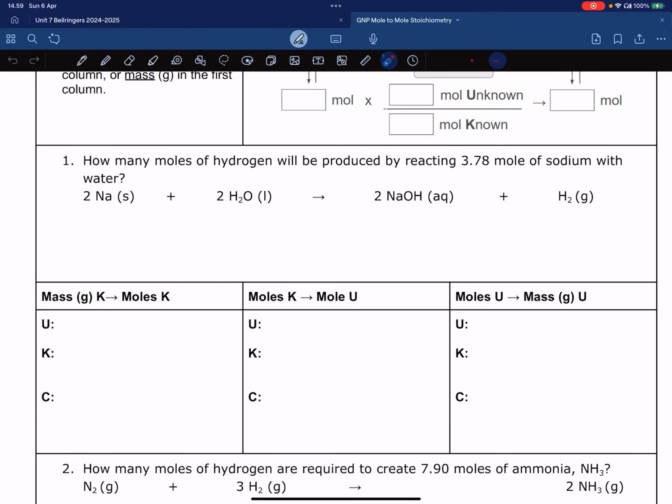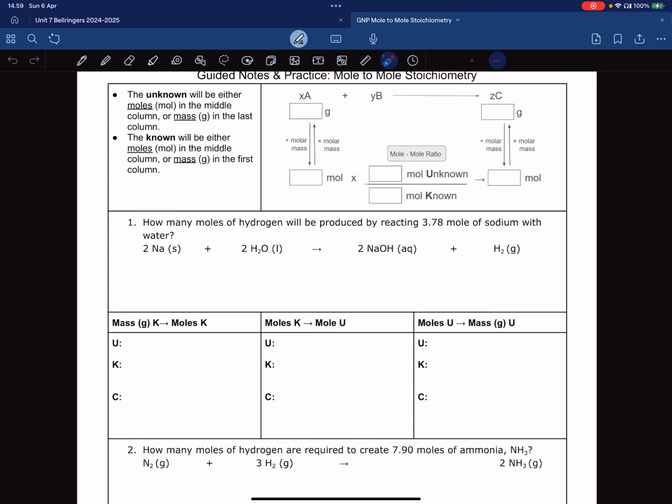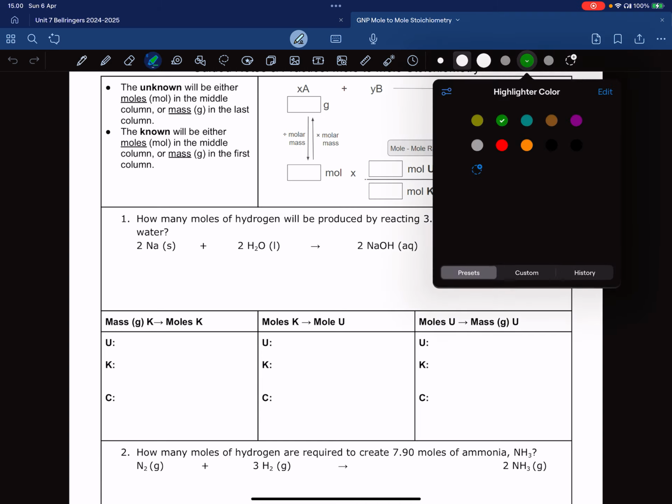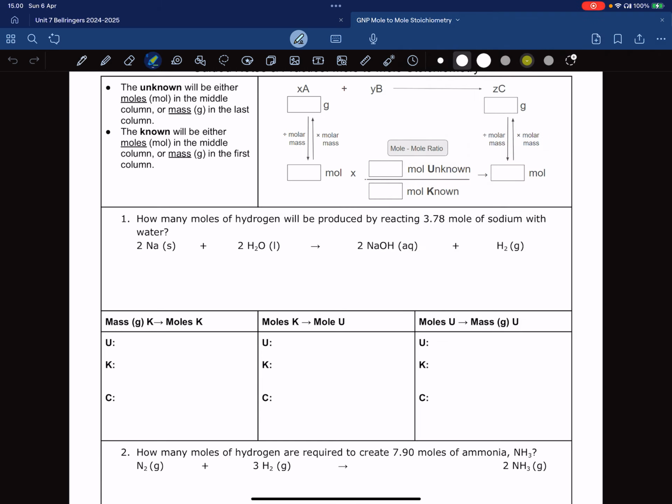All right, so enough of the explanation. Really, you don't understand it until you actually see it. So here we go. How many moles of hydrogen will be produced by reacting 3.78 moles of sodium with water? First thing we need to do is figure out what our knowns and our unknowns are. Our unknown is how many moles of hydrogen.